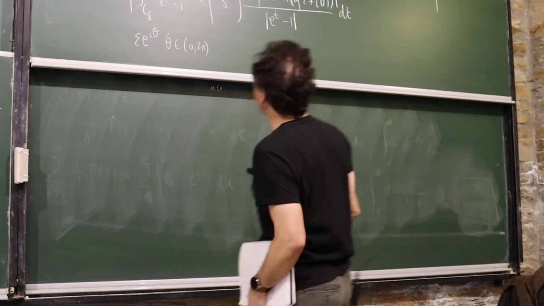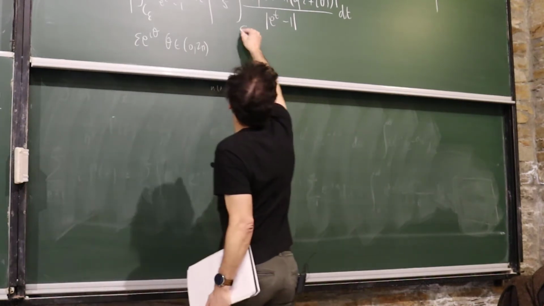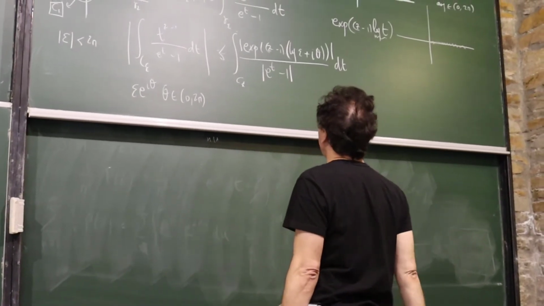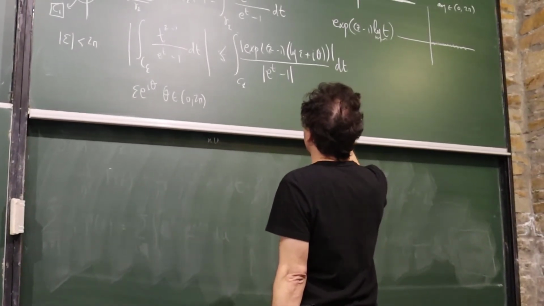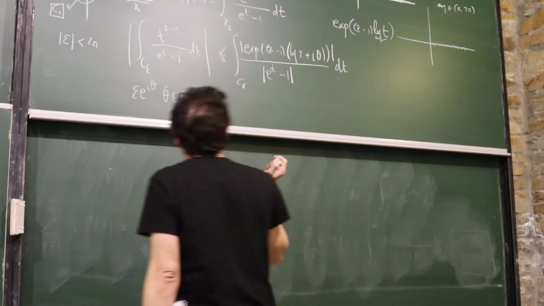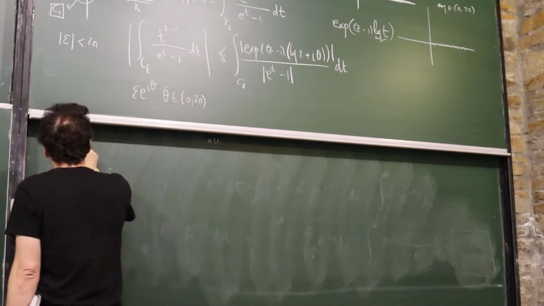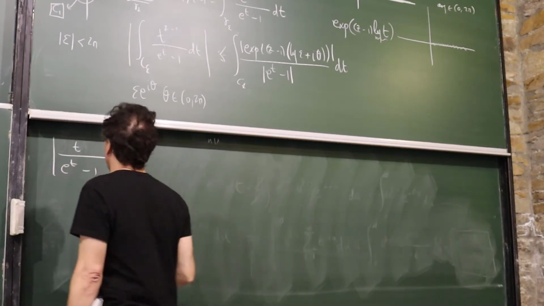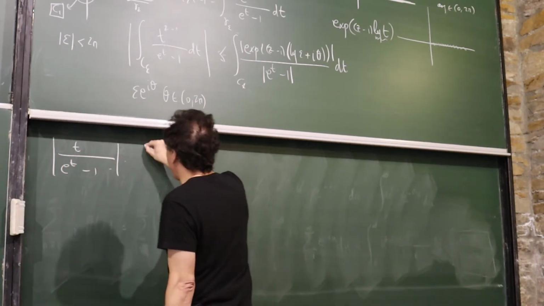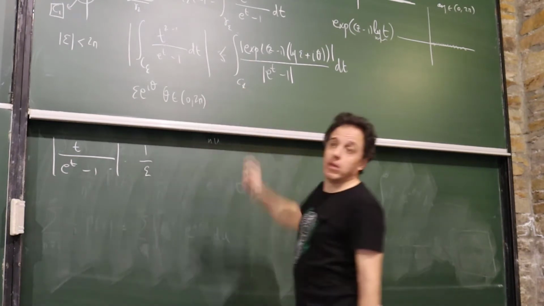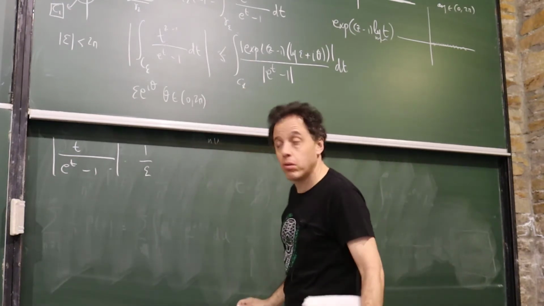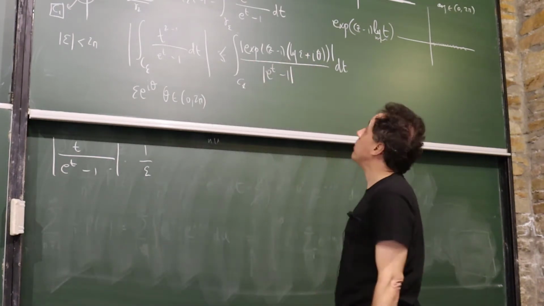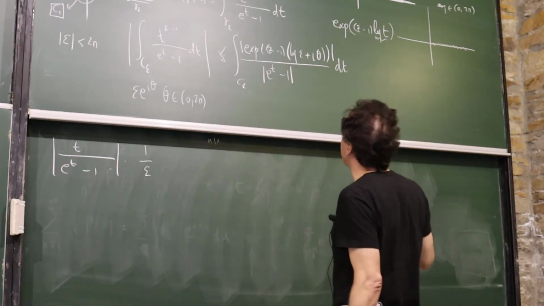Okay, so we can bound this integral the following way. With e to the t minus 1 in the denominator, let's also multiply and divide by t. So we are going to bound this by some expression like this. Divide by t, 1 over t, where t would be of modulus epsilon. Consider it like this. The modulus of the exponential would be the exponential of the real part.